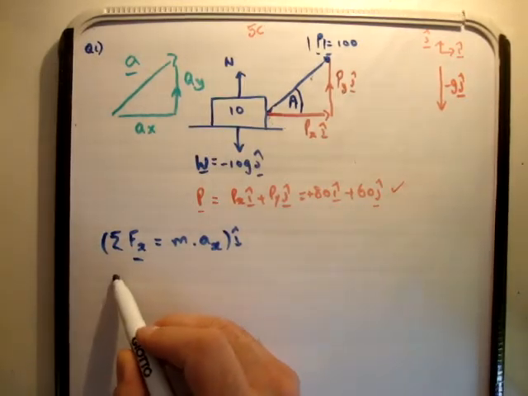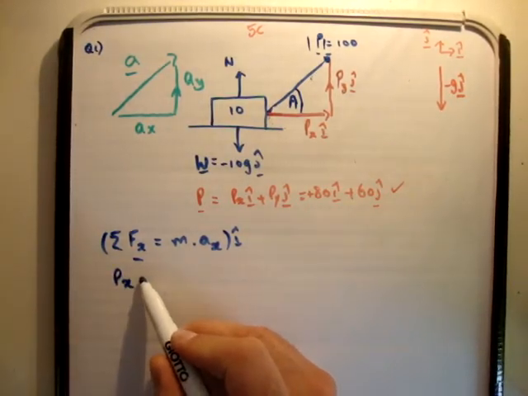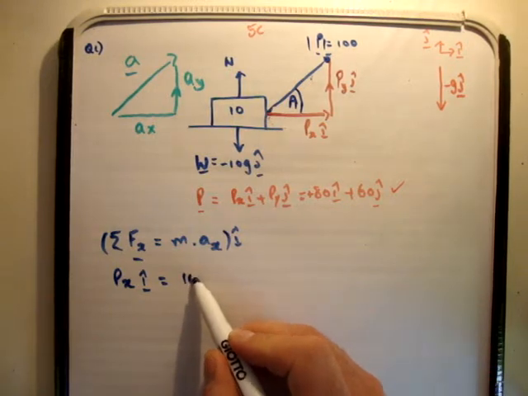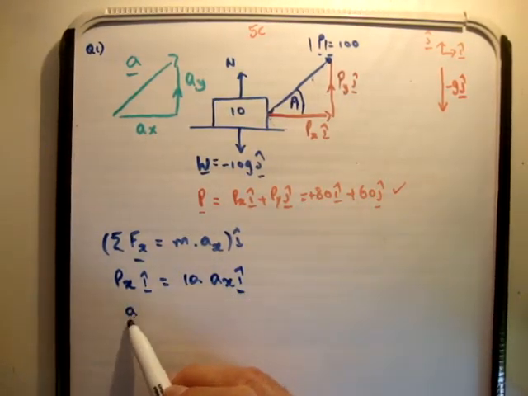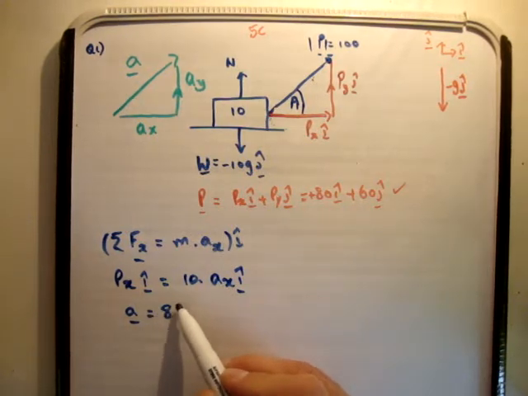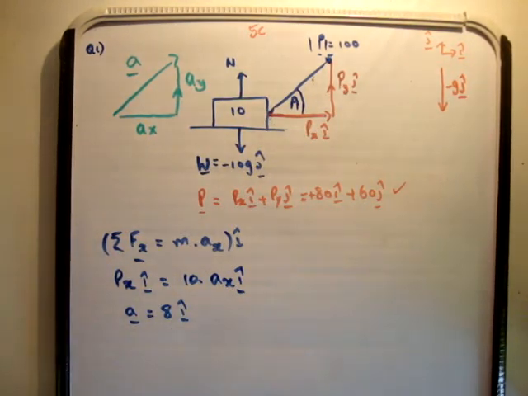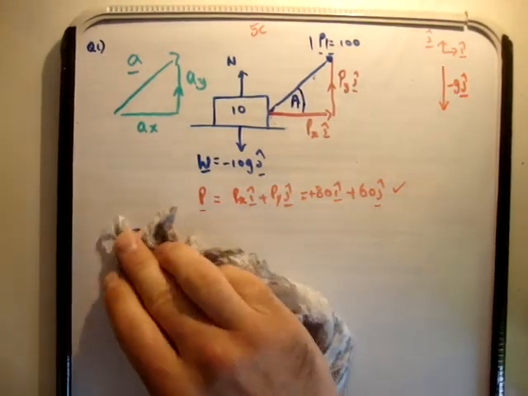So we're going to get that it's going to be p sub x i hat is equal to the mass, which is 10, times a sub x i hat. And you're going to get that the acceleration is equal to 8 i hat. Alright? Now, that's the acceleration in the x direction. Alright, that's perfect. That's perfectly correct, and that's the right way to go about getting that. Now, the next thing we need to do is work out what the acceleration in the j is.